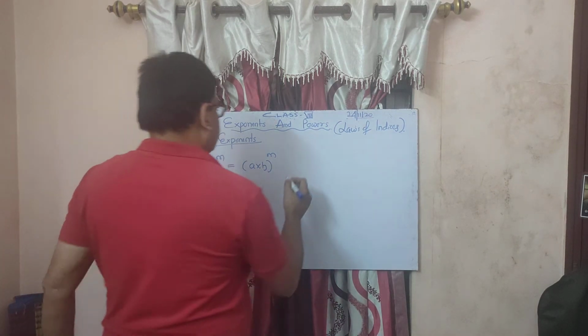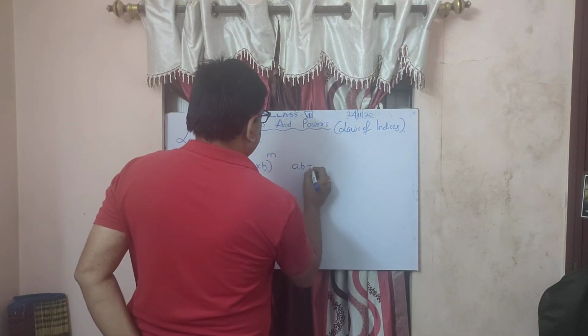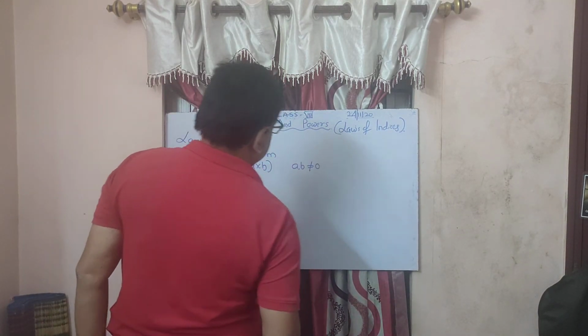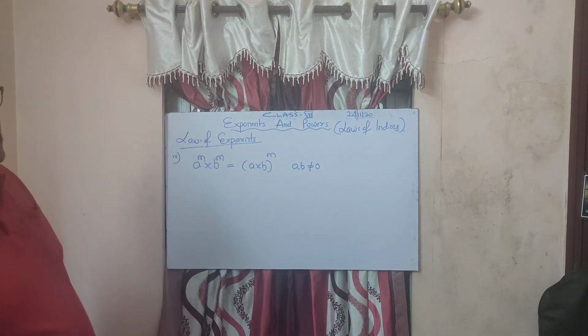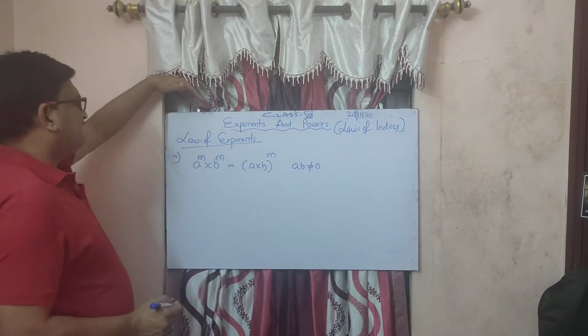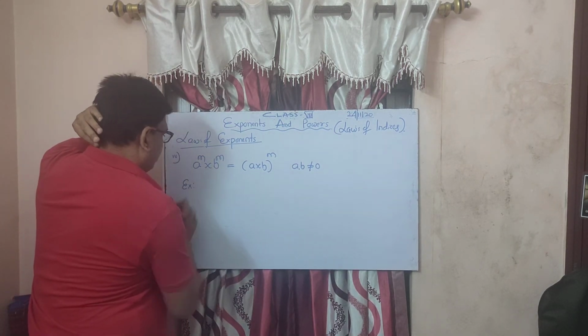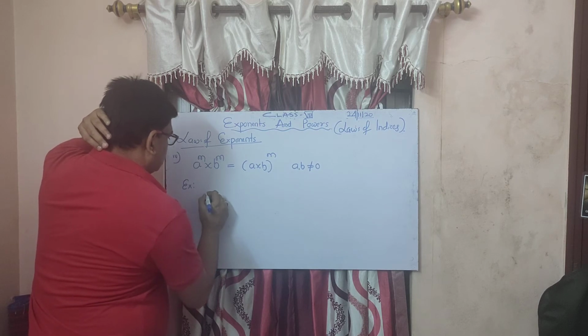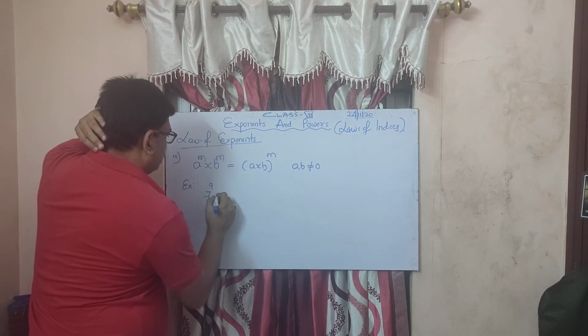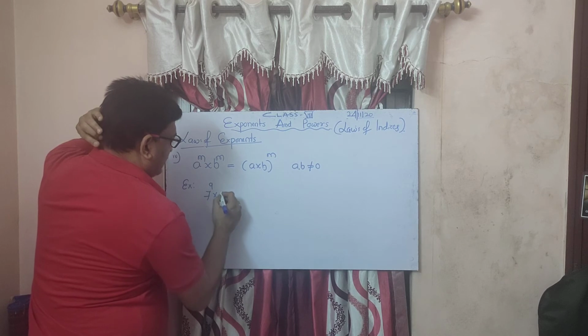Again, here the same condition: a and b cannot be equal to 0. Now let us understand this formula using an example. 7 raised to 9 and 5 raised to 9.